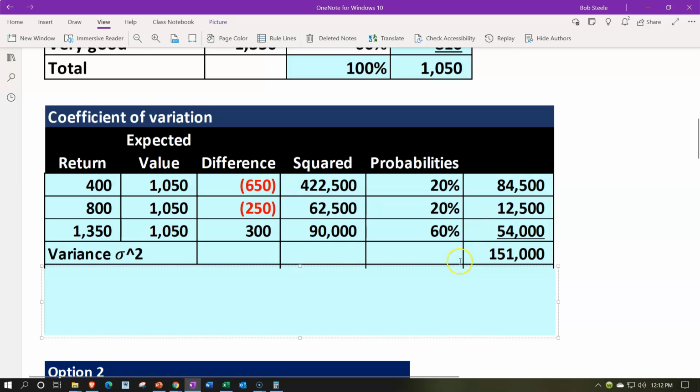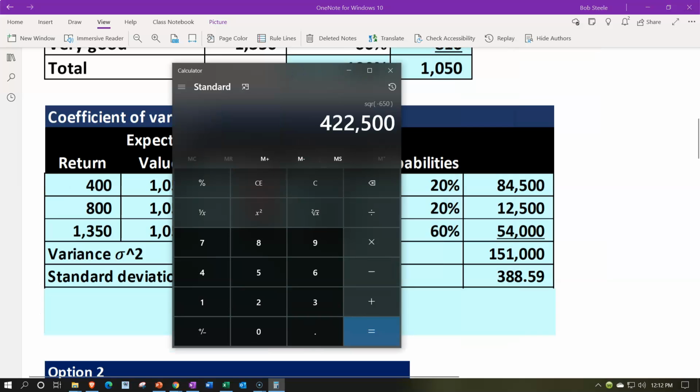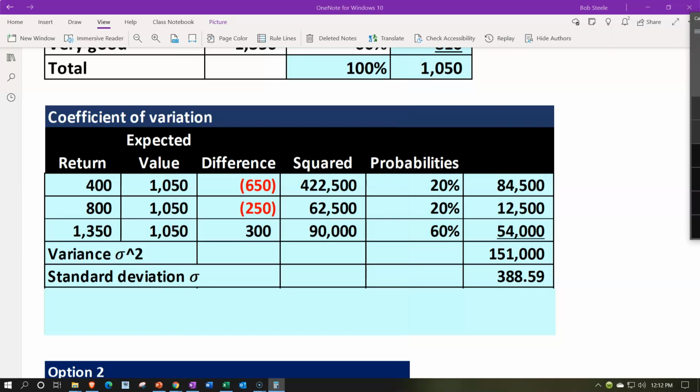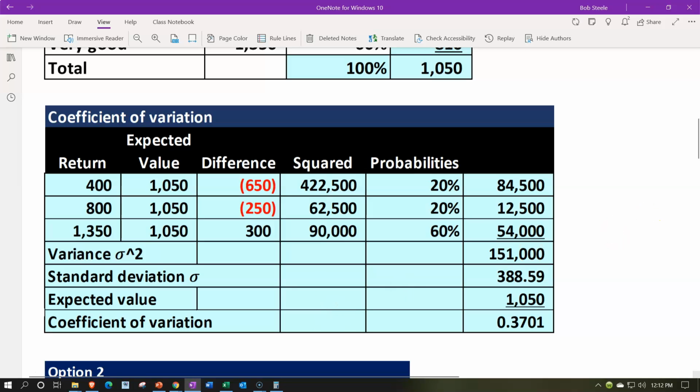It's in squared units. So then oftentimes we want to take the standard deviation, which is the square root of that number. So if we took the 151,000 and took the square root, which would be this little key, that would be the 388.59. And then we're going to take that and compare it to the expected value, which is basically the mean, to give us the coefficient of variation.